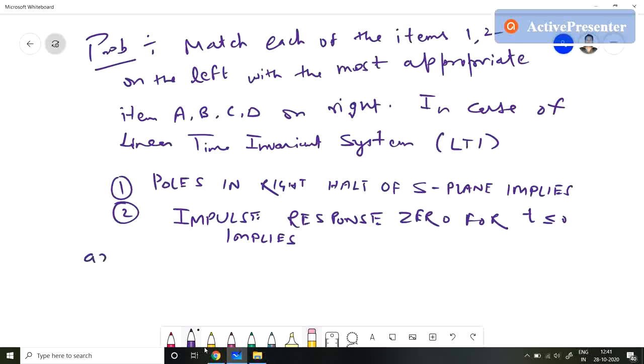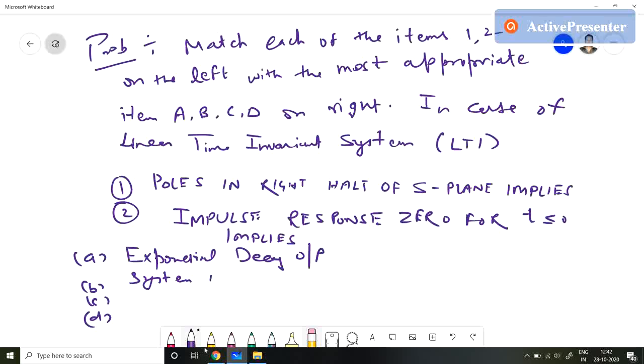So we have to match with A, B, C and D. So what are A, B, C, D? A is exponentially decaying output. The point B is system is causal.